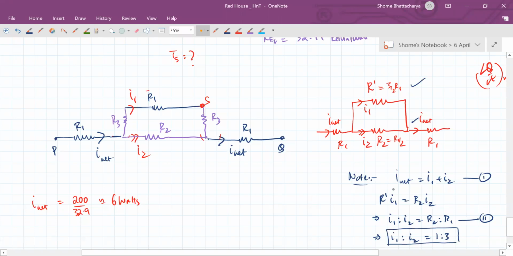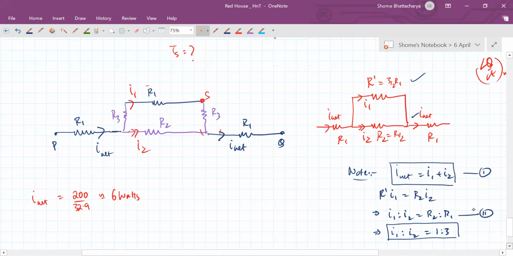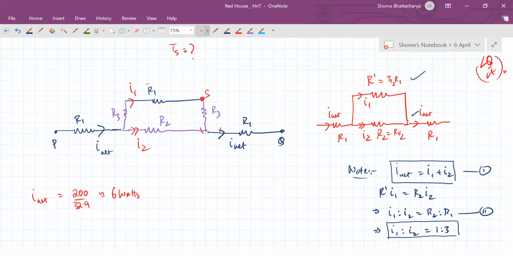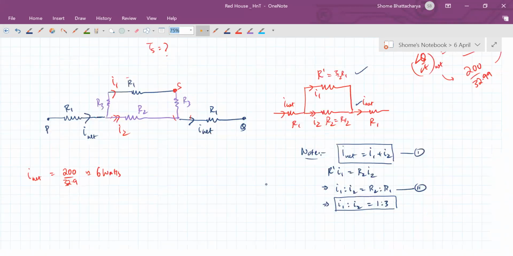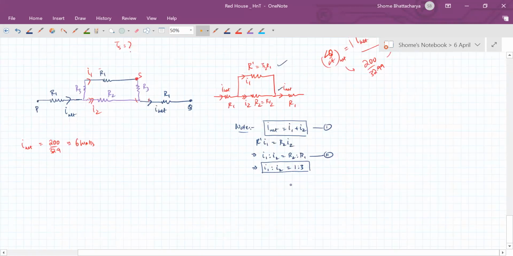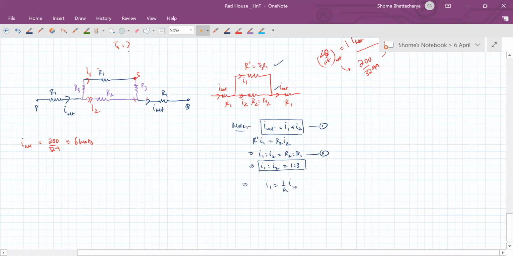Is it correct? All right. So from these two equations, now I can conclude that I1 is 1/4 of I net. Okay. So it is almost 1.5 watts.